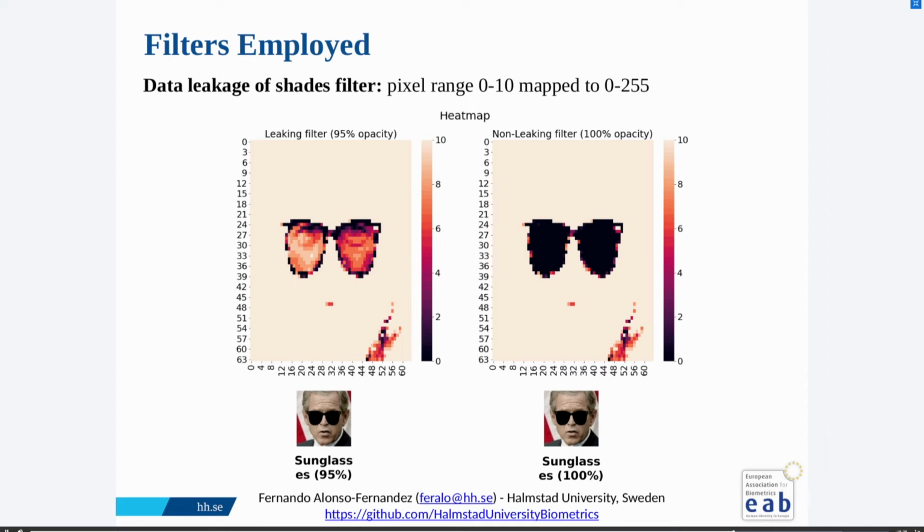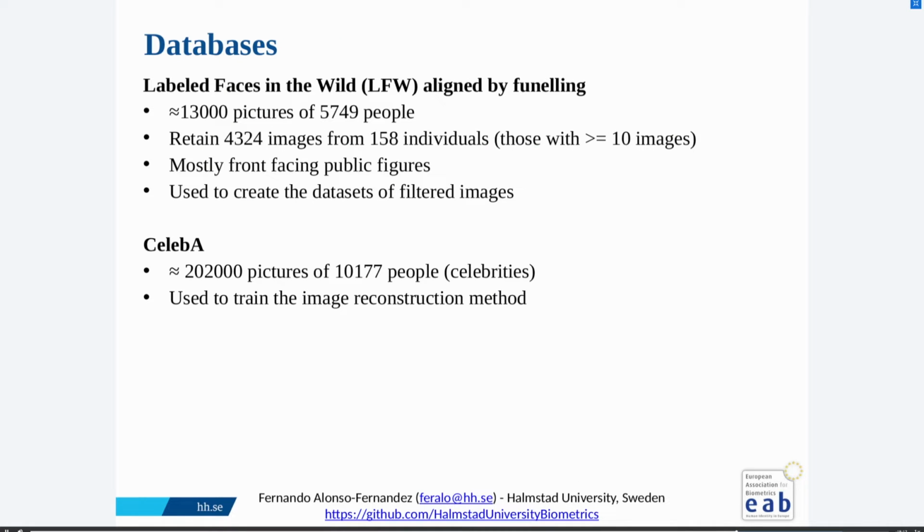You cannot see it here. But if we just plot the pixels of the image that have a value between 0 and 10, and we remap them to 0 to 255, it can be seen that the eye information is partially leaked in the picture. So it's still somehow available, and it will have an impact on some of the results, as we will see later.